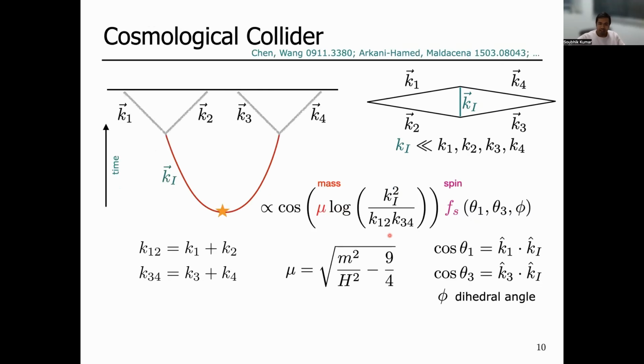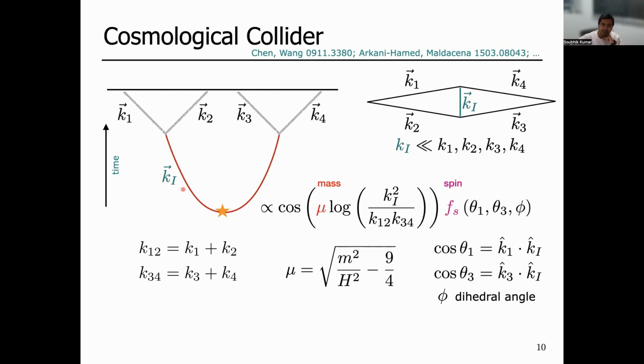Okay. So more precisely, if you do it, you would find that indeed there is this cosine log dependence, and the associated frequency is indeed given by the mass of the heavy particle, with the usual 9 over 4 factor coming in because we are in quasi-de Sitter space.